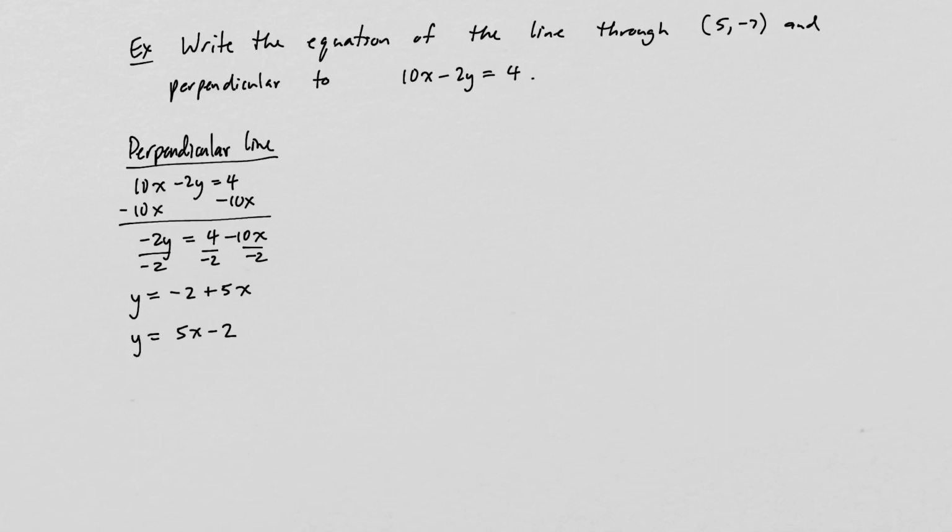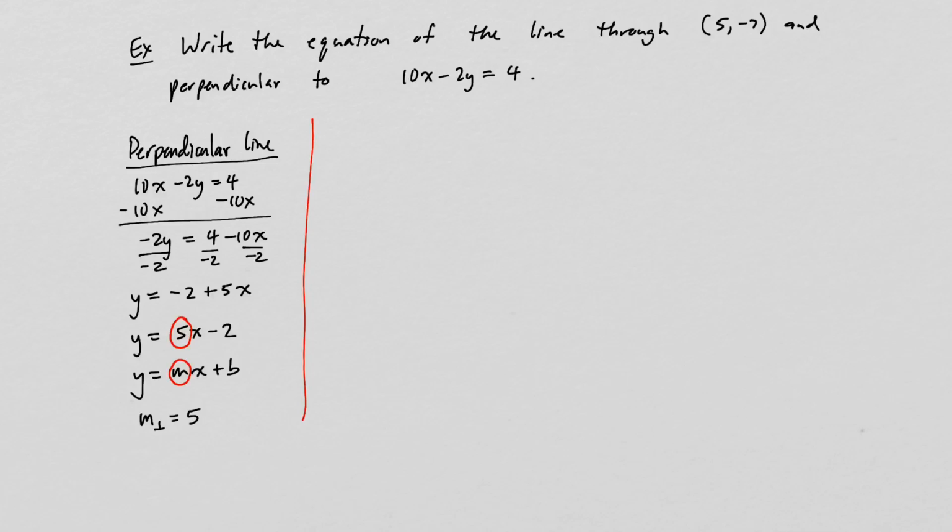Now what I'm doing here is I'm writing this line in the format of y equals mx plus b, because when it's in this format, whatever number is in front of x, that is your slope. So the slope of the perpendicular line is 5. Now, that's the perpendicular line.